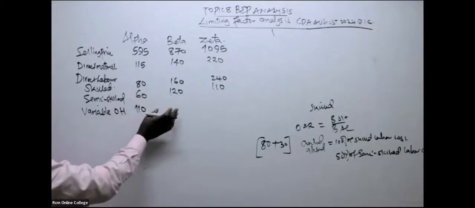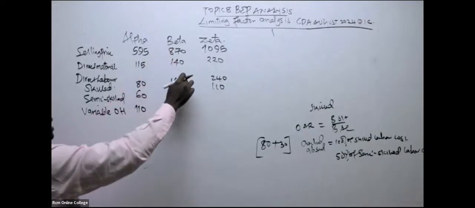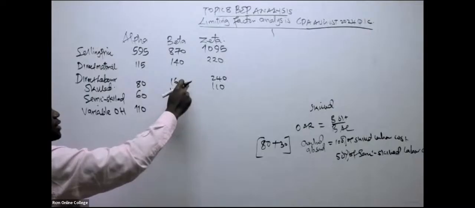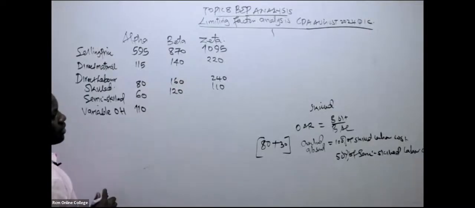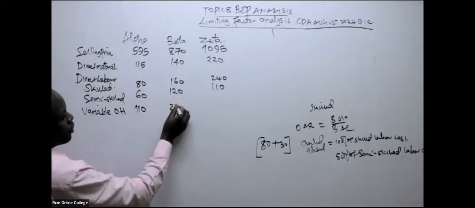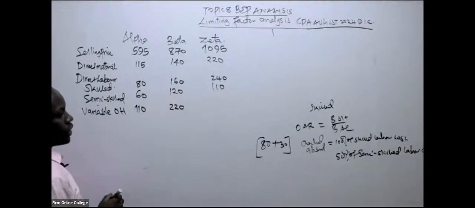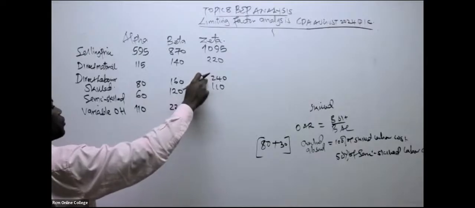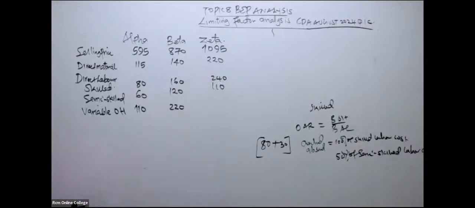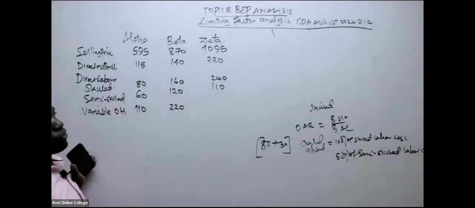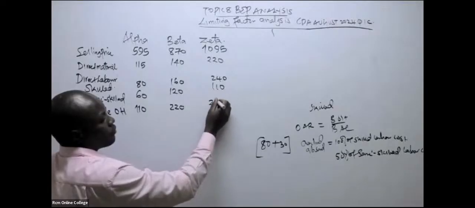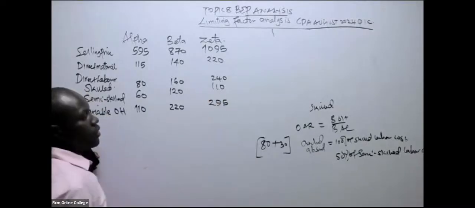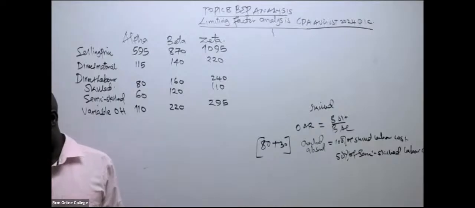Variable overheads absorbed for product beta, 100% of skilled, that is 160 plus 50% of semi-skilled, that is 60. So 160 plus 60, that will be 200 and 20. Then 100% of skilled 240 plus 50% of semi-skilled 55. So 240 plus 55, is it 295?